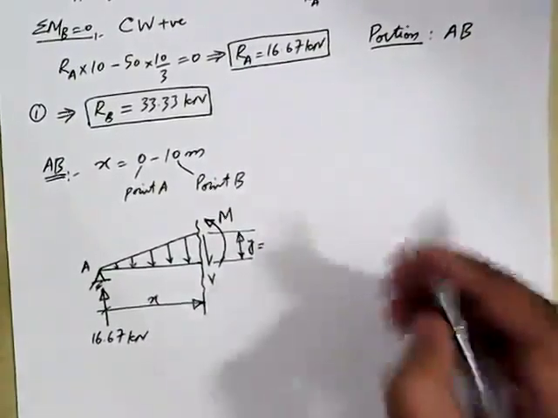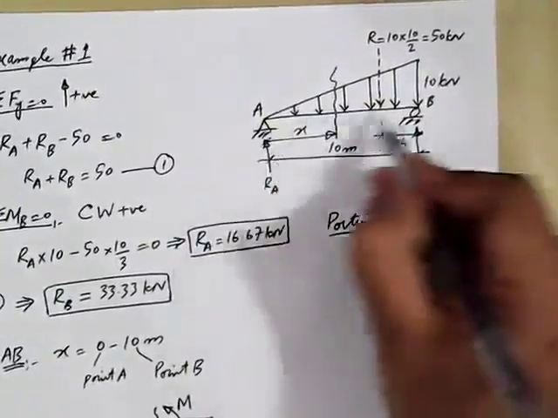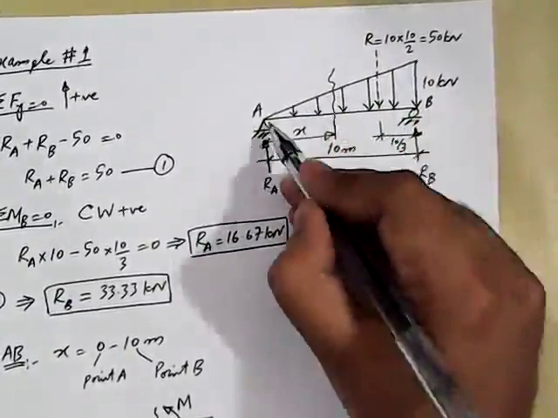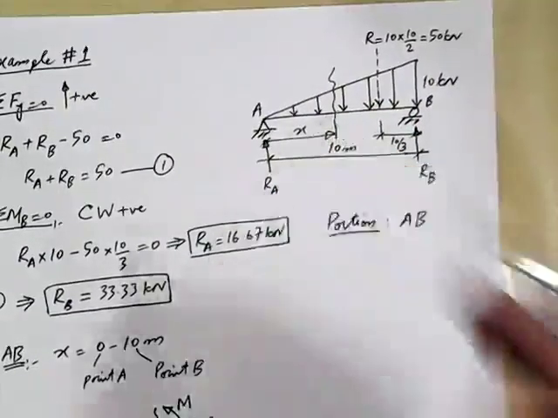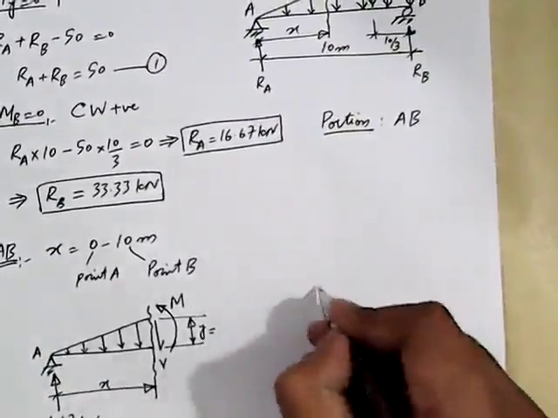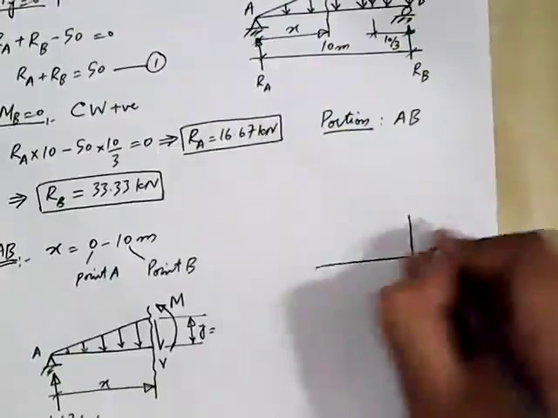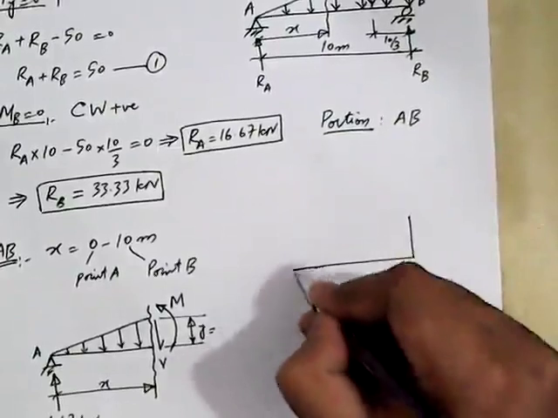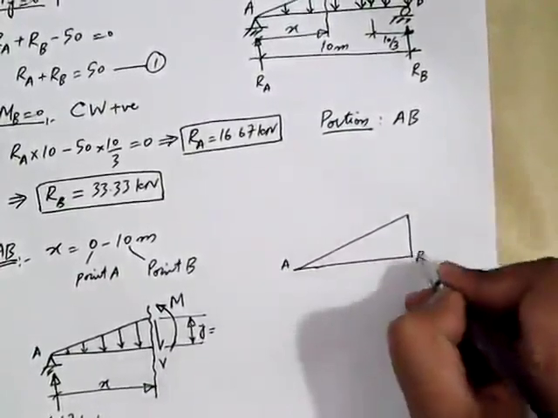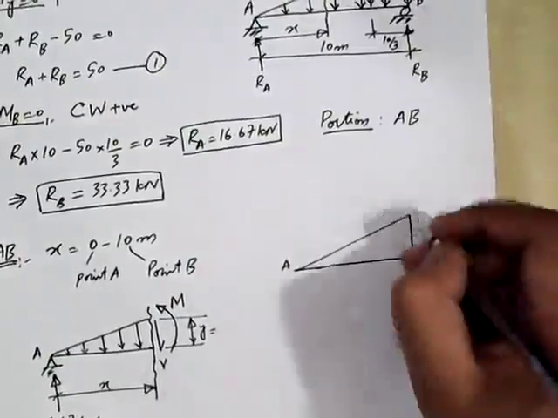Okay. Now, let's see. If I look at this diagram, we have this bigger triangle, and then by cutting the section, we have generated a smaller triangle. And these two triangles are similar triangles. Let's see how. This point is A, this point is B. I'm just following the same convention.